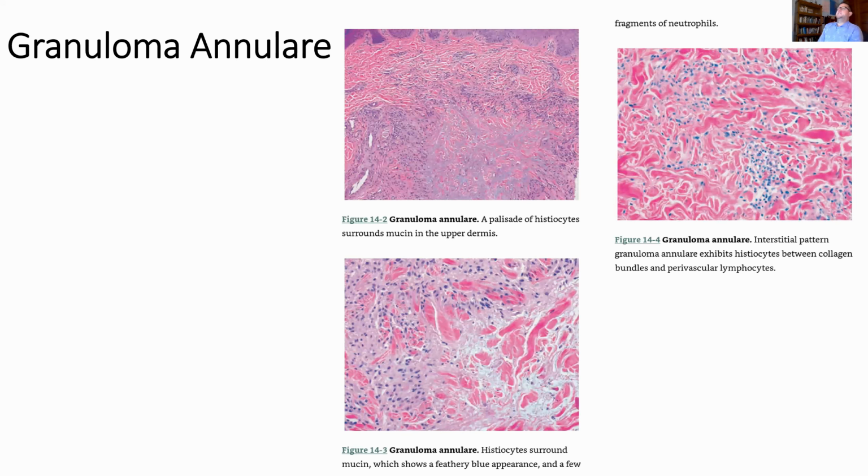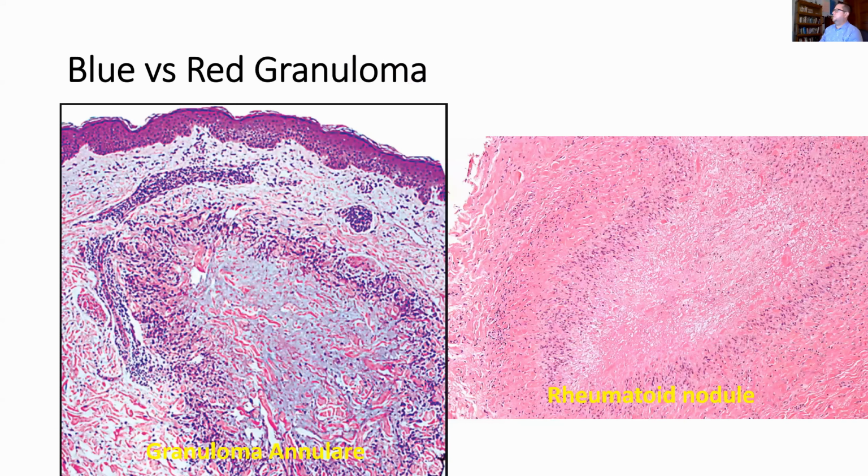So ways we divide this up, there's localized and generalized, and the generalized has a little bit different histology. Often looks a little more like a lichenoid dermatitis with superficial lymphocytes and some macrophages up near the epidermis. And then you can have deep GA, and this is one like I just showed you where the deep GA might have more of an appearance of a rheumatoid nodule.